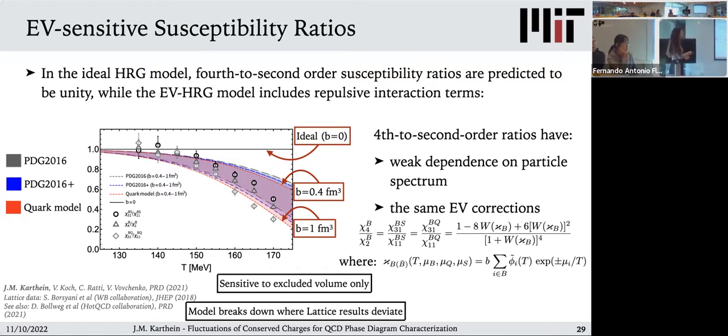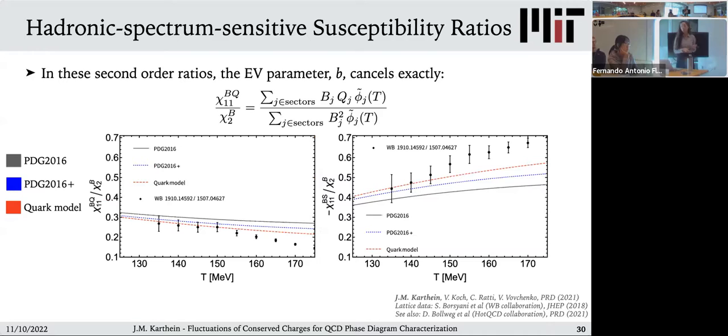The model breaks down when we have no more agreement between lattice QCD and the model, but it also makes sense that it would be somewhere in this range where you don't have hadrons anymore, right? We have a deconfined medium. So we have a consistency check there. Okay, so we have a constraint on b between 0.4 and 1. That's great. Now let's look at the hadronic spectrum.